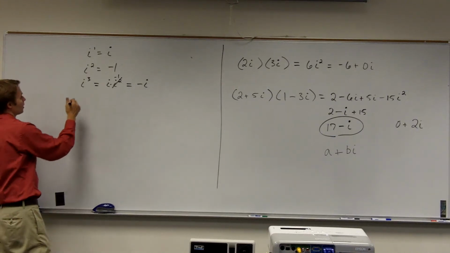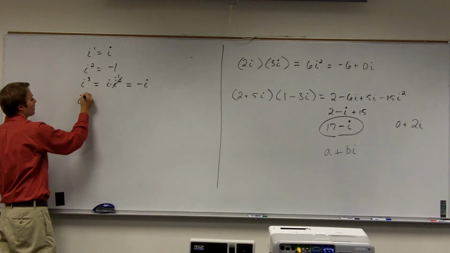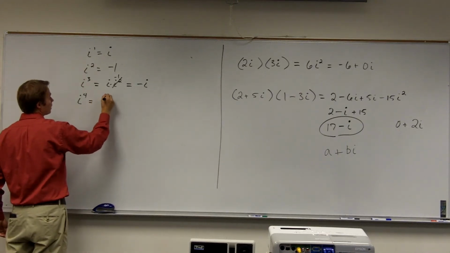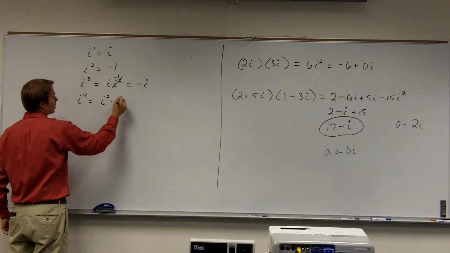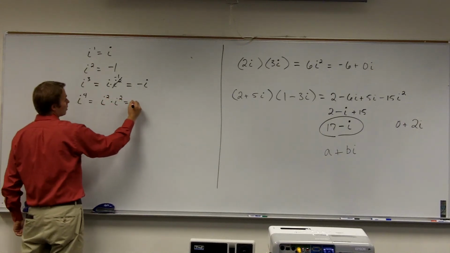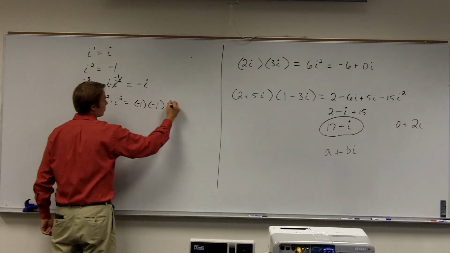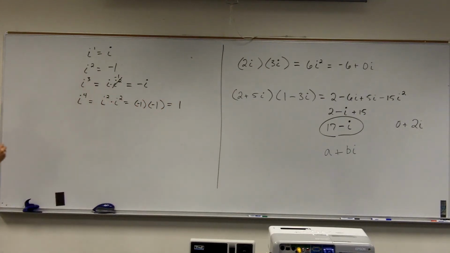What if we go another step, i to the 4th? i squared times i squared, so you'd end up at 1. Right, exactly. So I can break this down to i squared times i squared. Both of these are negative 1, right? And when I multiply negative 1 times negative 1, this is just 1.